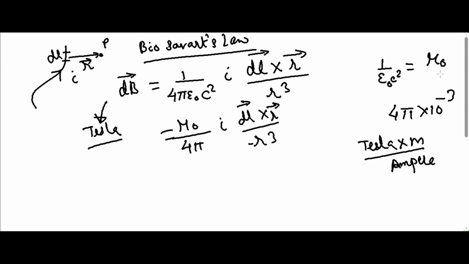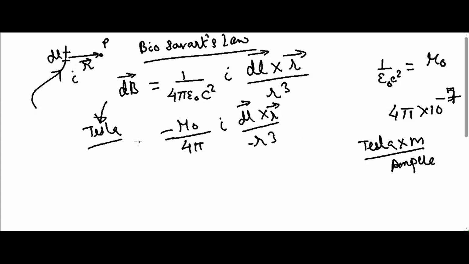So this will be the unit of magnetic permeability, mu naught, and the value which I have given you, 4 pi into 10 to the power minus 7, is the permeability of the vacuum. If I have perfect vacuum, then the magnetic permeability of vacuum is mu naught, and the value of mu naught, or the magnetic permeability of vacuum, is 4 pi into 10 to the power minus 7.